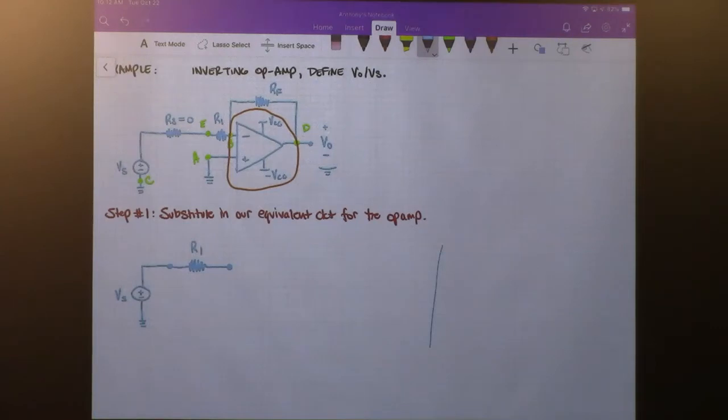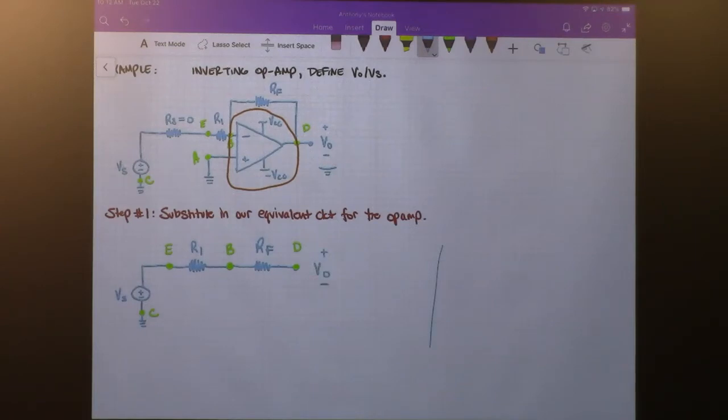I'm going to go ahead and draw our RF. And I'll label our points. So this is point B, this is point D, this is point E, this is point C. And so our V out is right here.